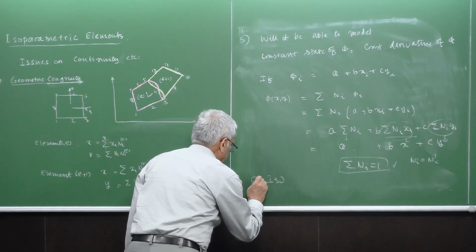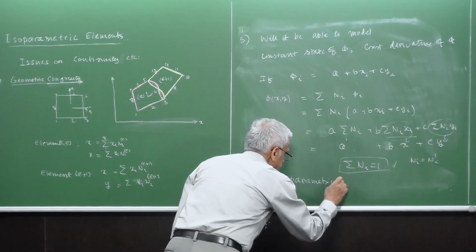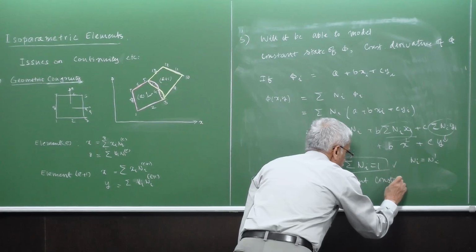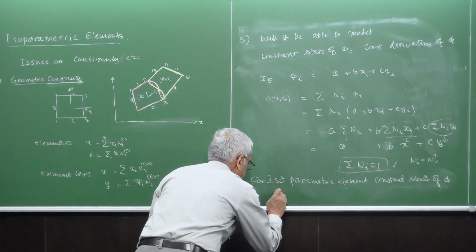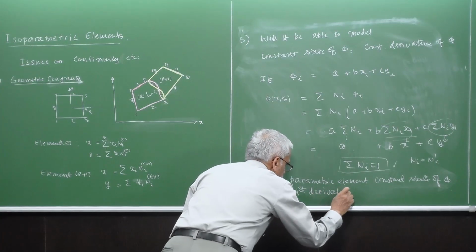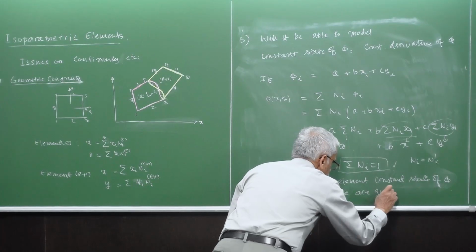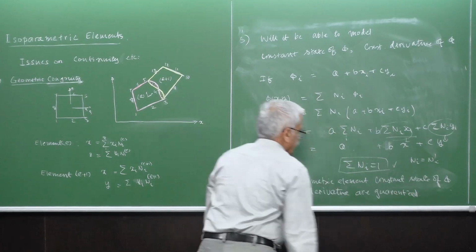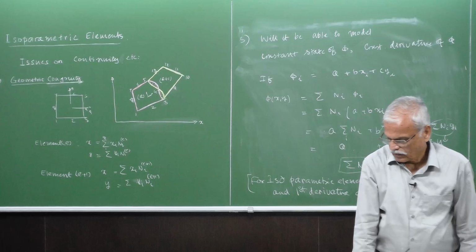So for an isoparametric element, the constant state of phi and its first derivative are guaranteed. This is also very important.